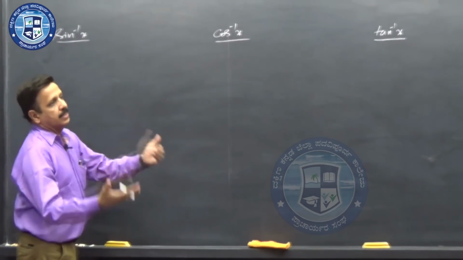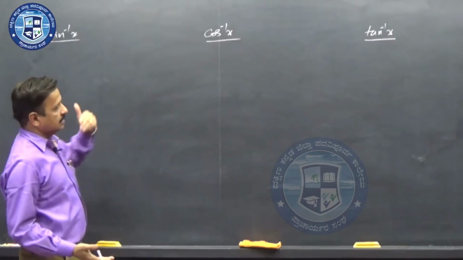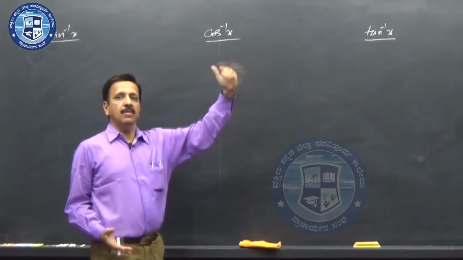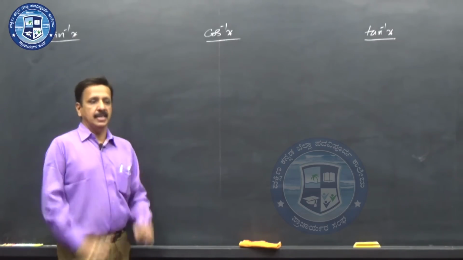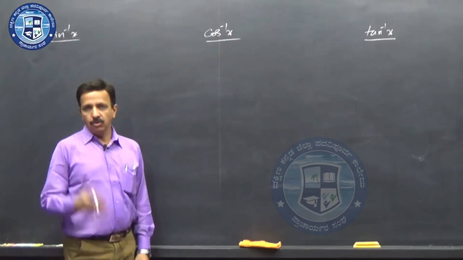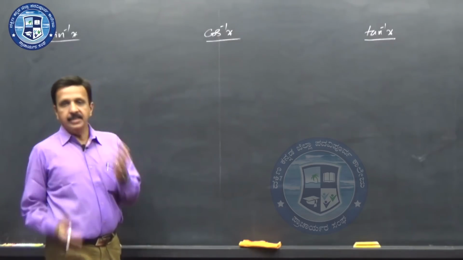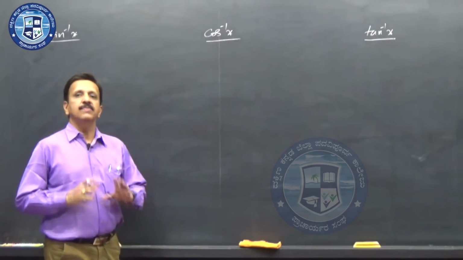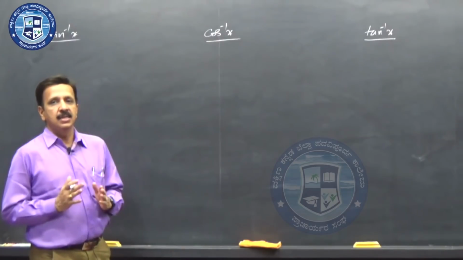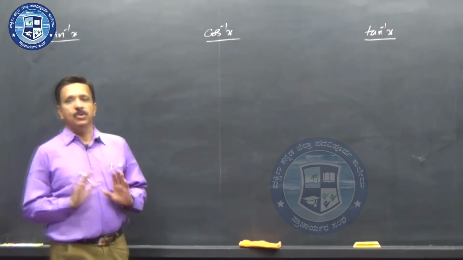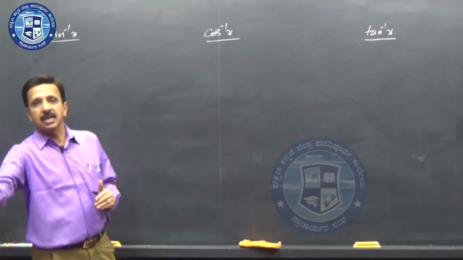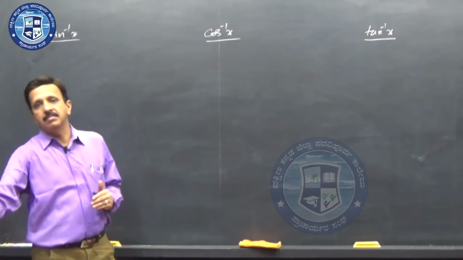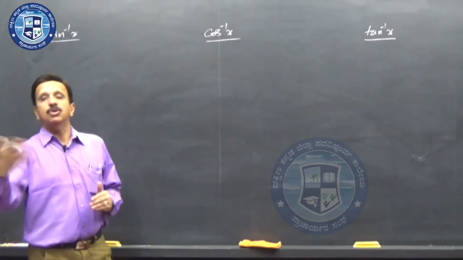Before going ahead with cosec inverse x, secant inverse x, cot inverse x, let us recall what we have already analyzed. This is a new topic for you, so it is essential to revise and be thorough with what you know, so that there is no confusion as we analyze further.